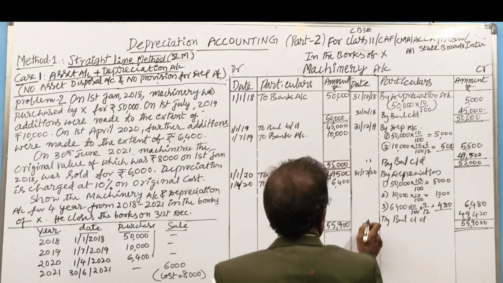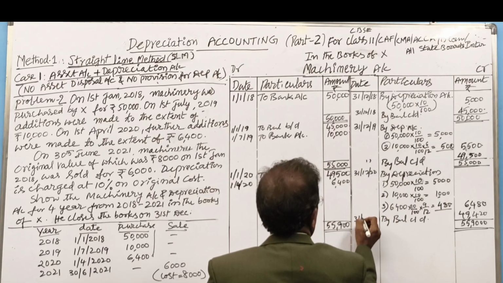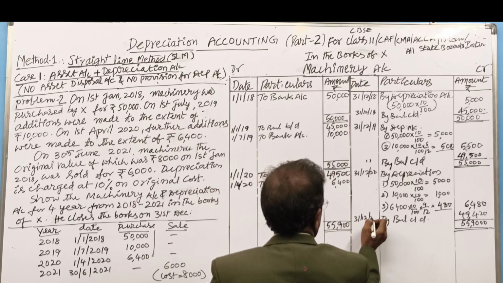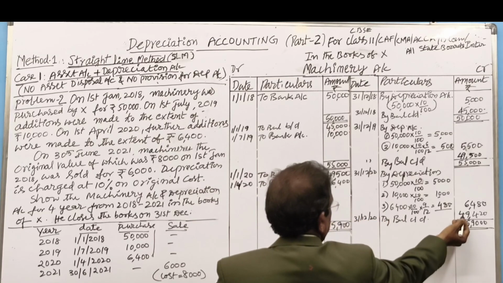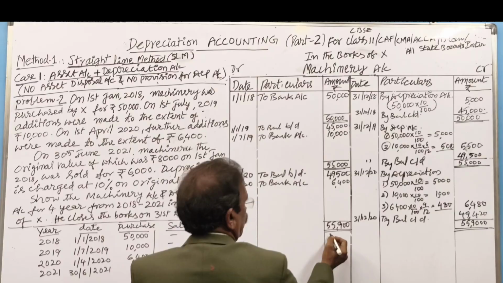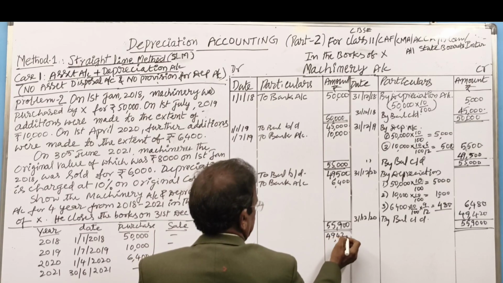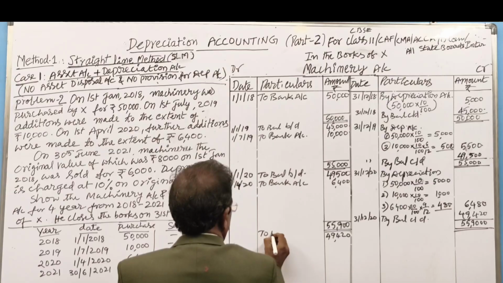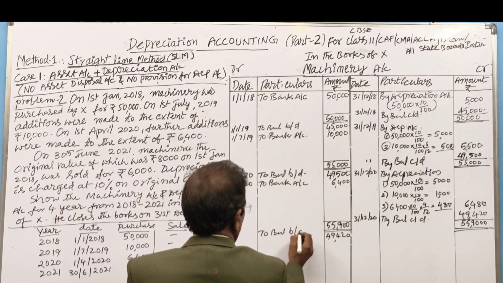Put the date, ending date, that is 31/12/2020. Now take this amount as a brought down balance, 49,420, to balance brought down.